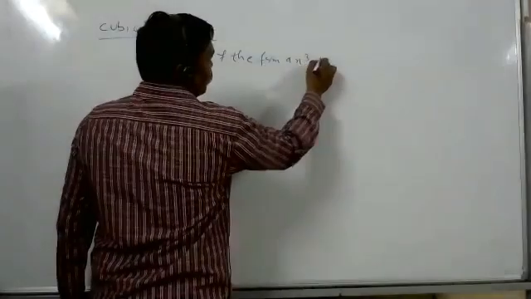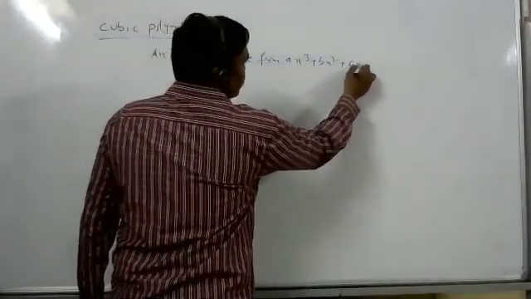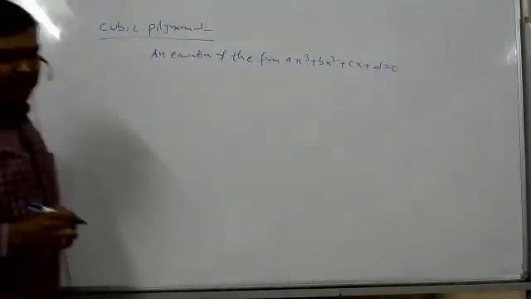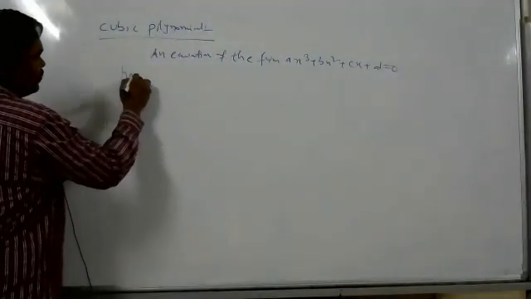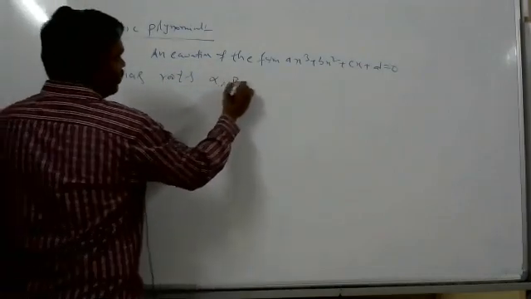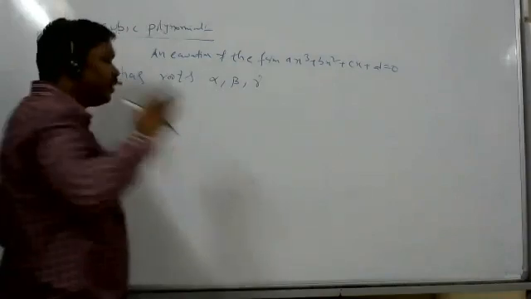ax cube plus bx square plus cx plus d is equal to 0 has roots alpha, beta, gamma.